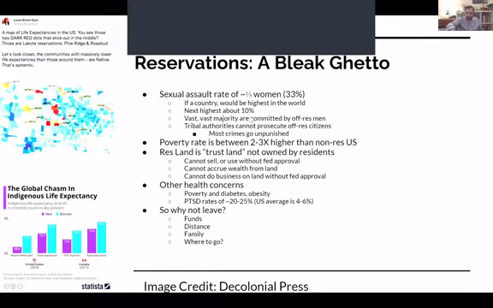Now, obviously, there's some reporting issues, so maybe that's more like 15 to 20% if you're being extremely permissive with the definition, but still not close. Still not close. And the vast, vast majority of these assaults are committed by off-res, generally white men. And then here's the even worse rub.